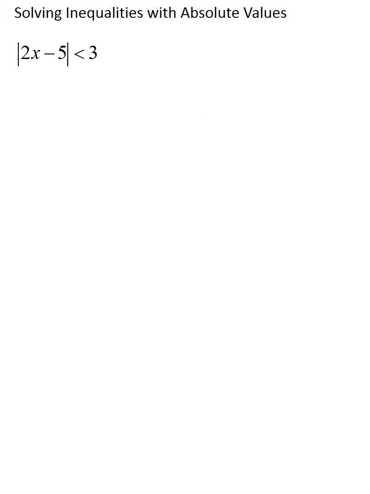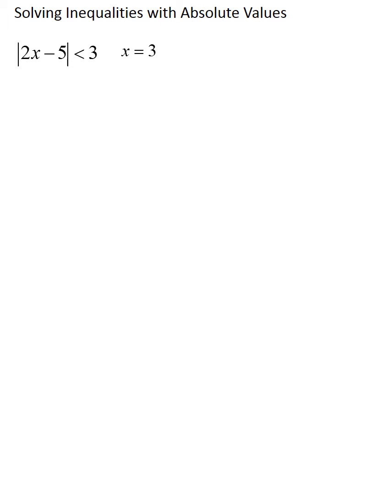So here is a problem that we'd like to solve. It's an inequality. It has an absolute value in it. But before I show you the techniques for solving this, I'd like to do a little trial and error first. So first, let me pose the question, is x equals 3 a solution to this problem?